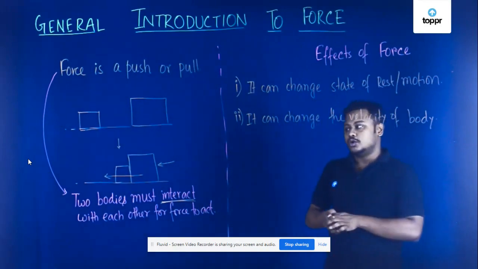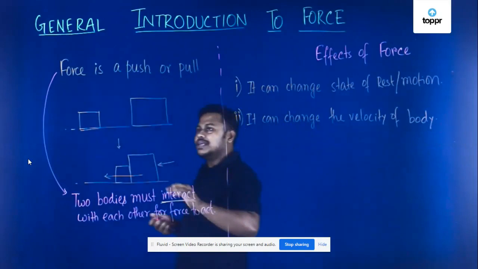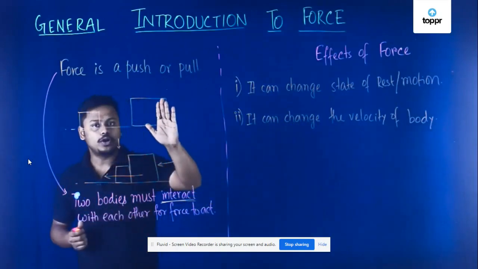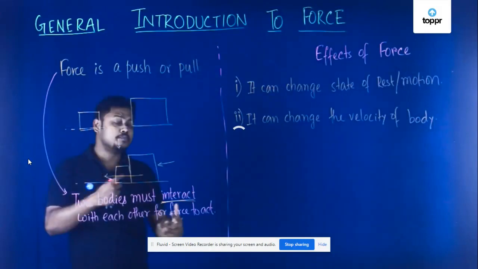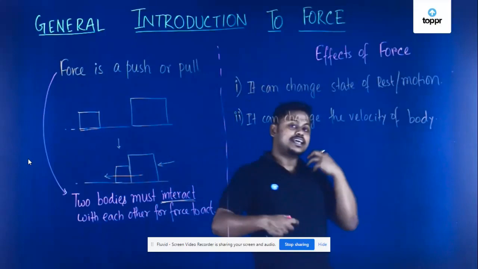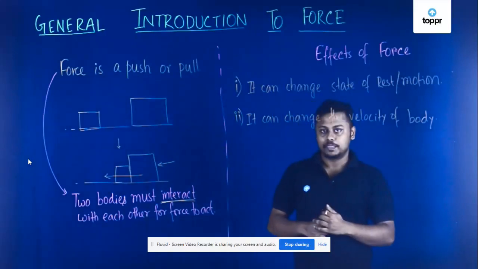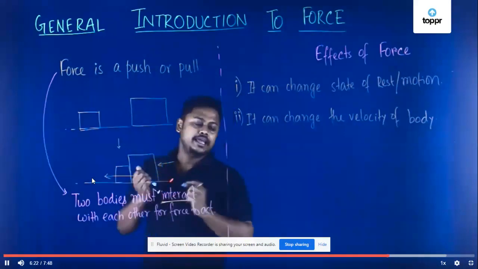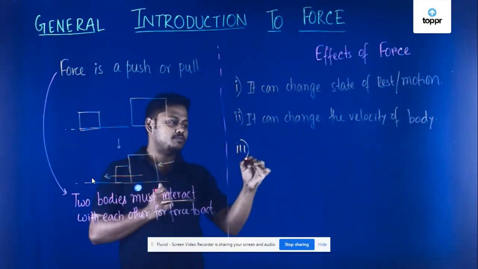If a body is coming along this direction and you apply force perpendicular to it, the body will change its direction of motion. So thirdly, force can change the direction of motion.